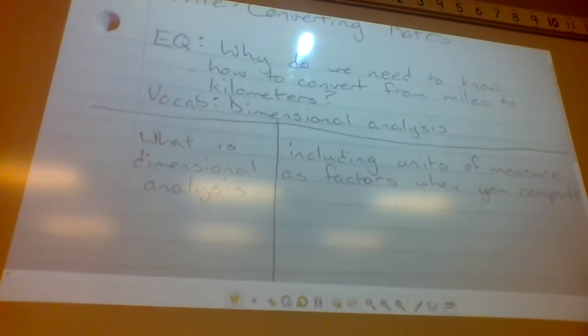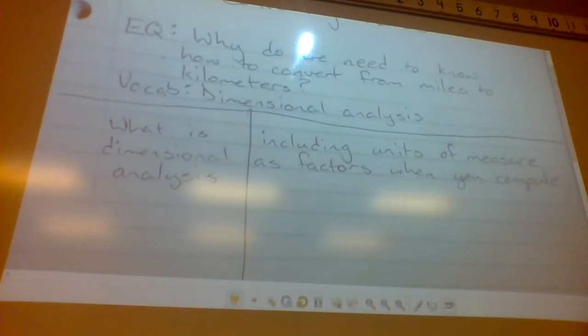Now, remember, ever since we started this chapter, I've been telling you those labels are going to be very, very important, haven't I? I use them for setting up. Using the labels and putting them in the correct spots is what's going to make or break you in this lesson.